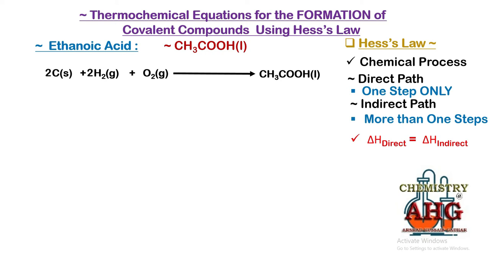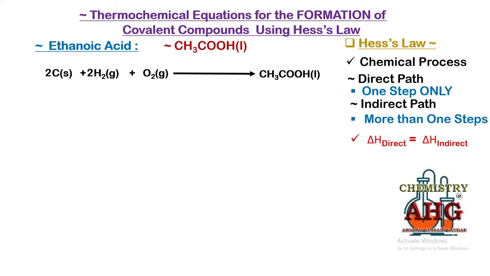Now how can you change this balanced chemical equation into a thermochemical equation? Whenever we want to make a thermochemical equation, we simply have to introduce the enthalpy change of that chemical reaction. Either the numerical value of the enthalpy change or the label of the enthalpy change can be introduced to make this equation a thermochemical equation.